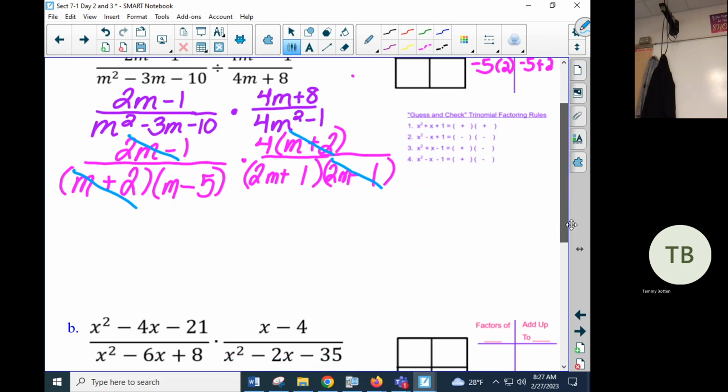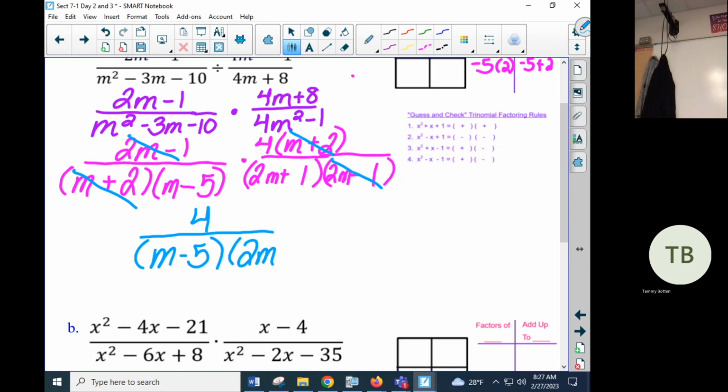And then what I'm left with on top is a 4. That's it. On the bottom, I have two things in parentheses, m minus 5 and 2m plus 1. And we do not multiply that back out. You leave it just like that. Okay, so this is your answer.